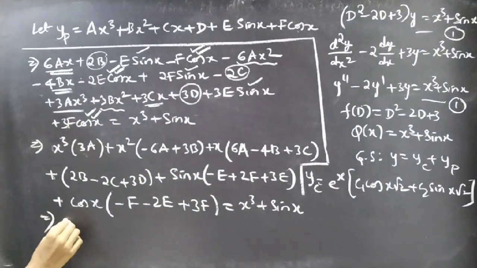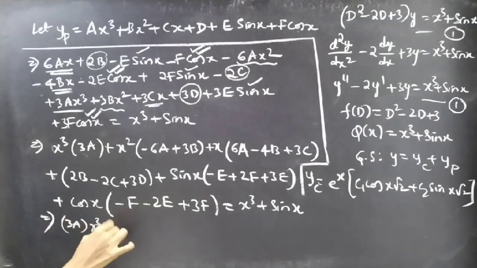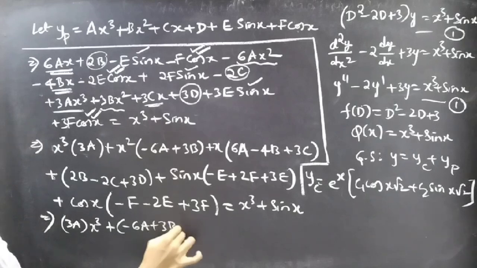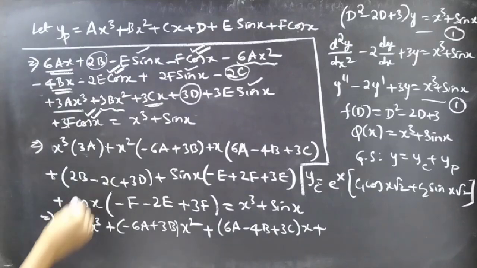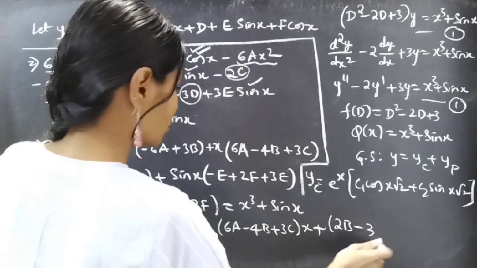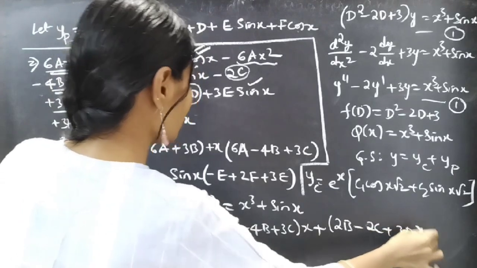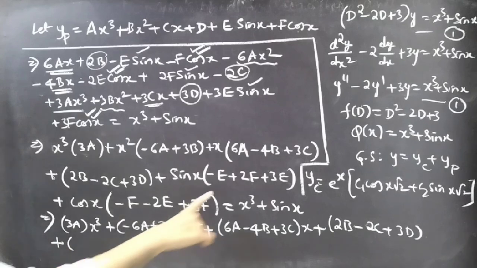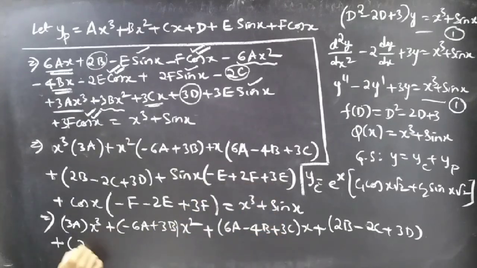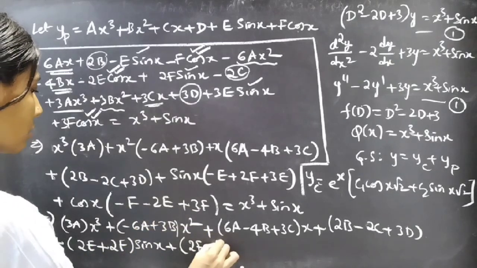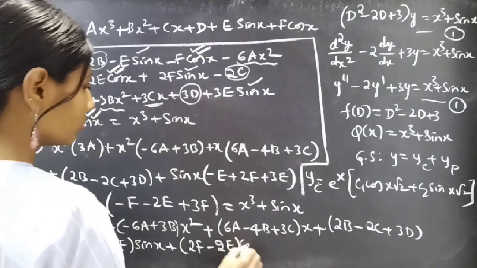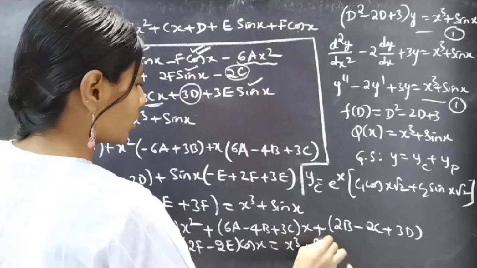Well, now we can write this as 3a x cube plus minus 6a plus 3b into x square plus 6a minus 4b plus 3c into x plus constants 2b minus 2c plus 3d, right, plus minus e plus 3e gives 2e plus 2f into sin x plus minus f plus 3f gives 2f minus 2e into cos x equal to x cube plus sin x, right?